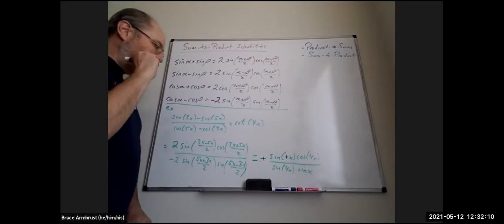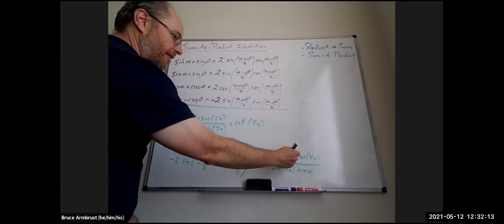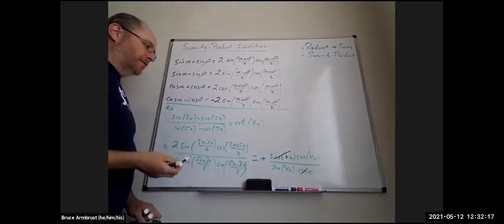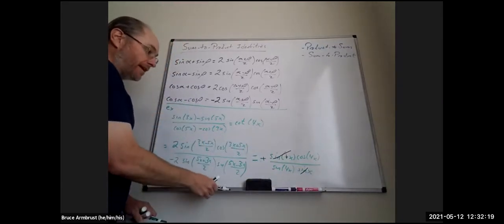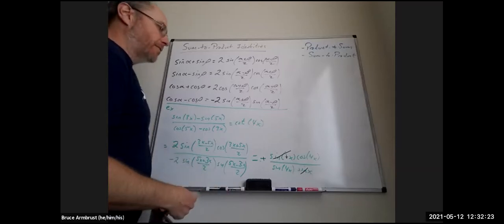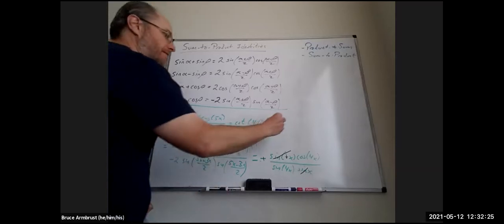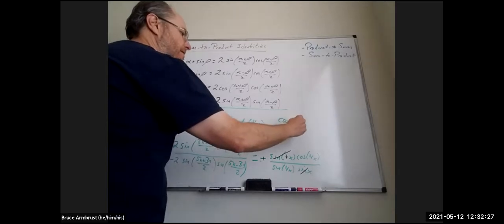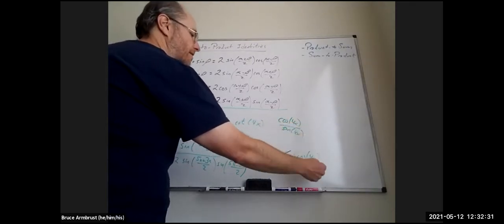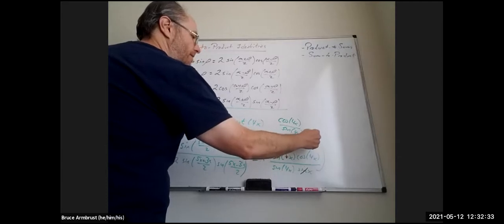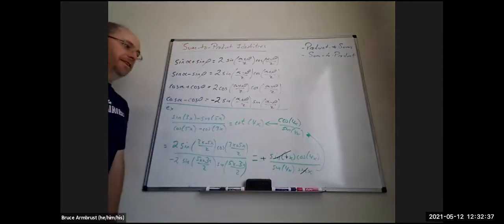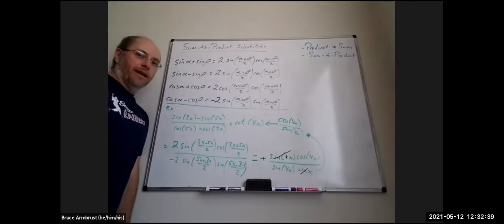Sine of x over sine of x, so those things cancel. Once I do that, we're down to just cosine of 4x over sine of 4x, which conveniently is just cotangent of 4x.